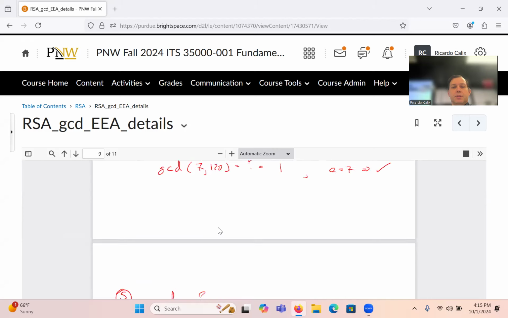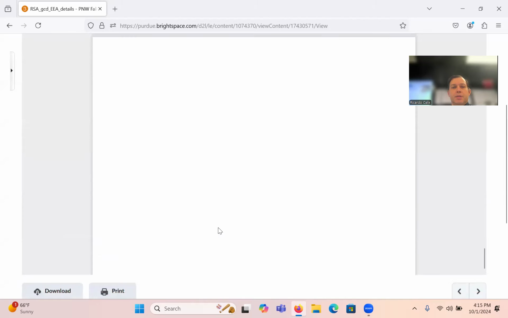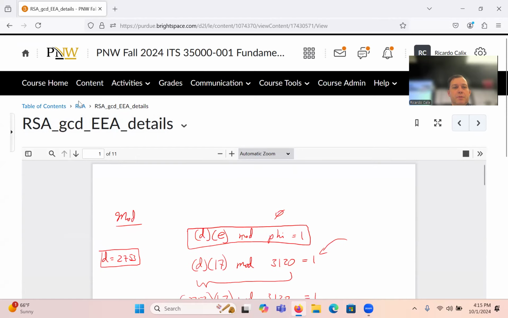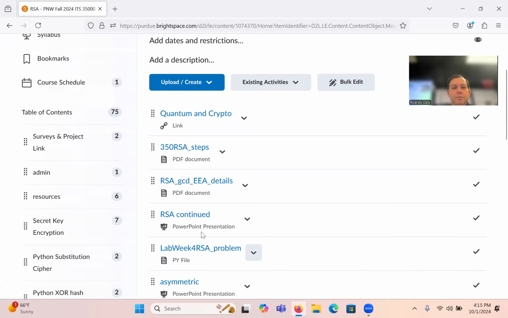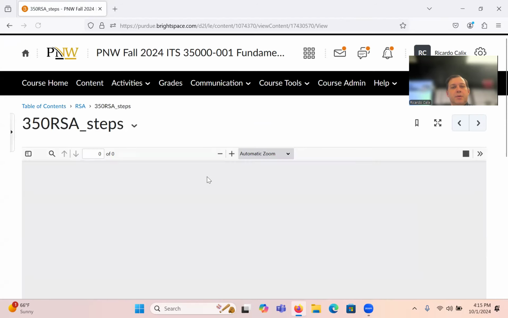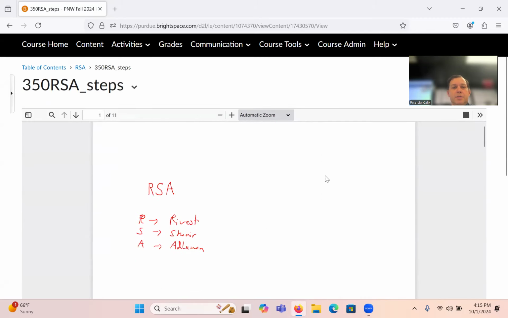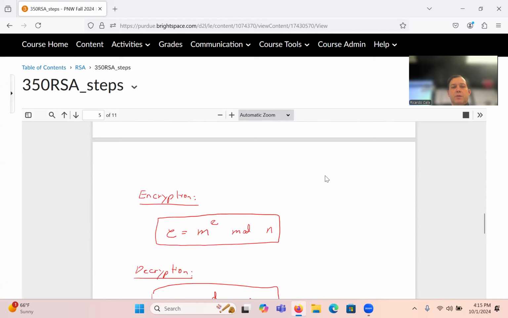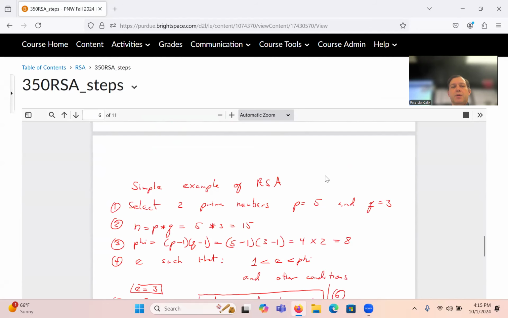This is what I'm going to discuss, basically the algorithms. You have some notes there for your reference. And then this one, RSA steps, is probably the same thing. So these are my notes, basically, that I'm going to go over today as far as the algorithm.